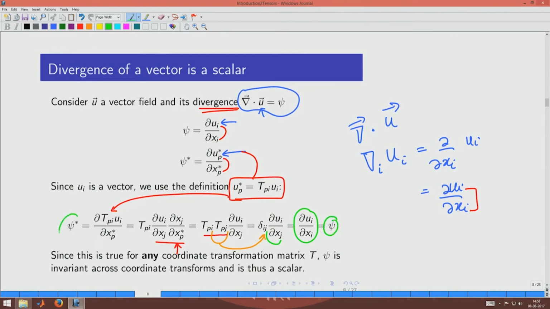So, whether you choose the new or the old, the divergence is defined in such a way that there is no element of the transformation matrix coming in, which means that it is not dependent upon the transformation matrix, which means that it is invariant across the coordinate transformation, which means it is a scalar. So, that is how we prove that the divergence of a vector is a scalar.